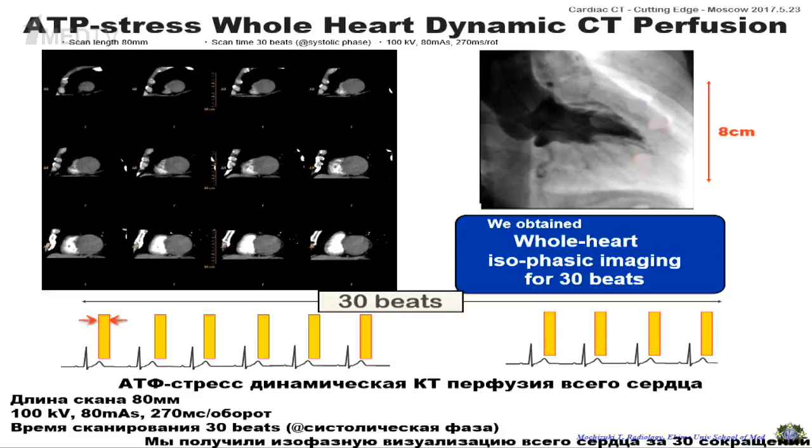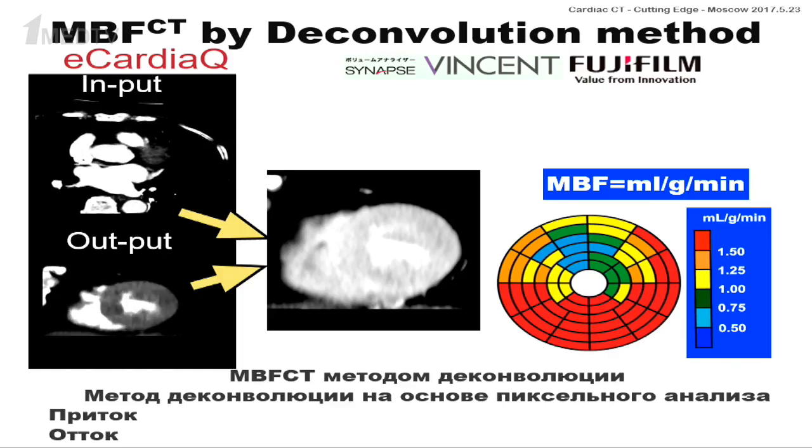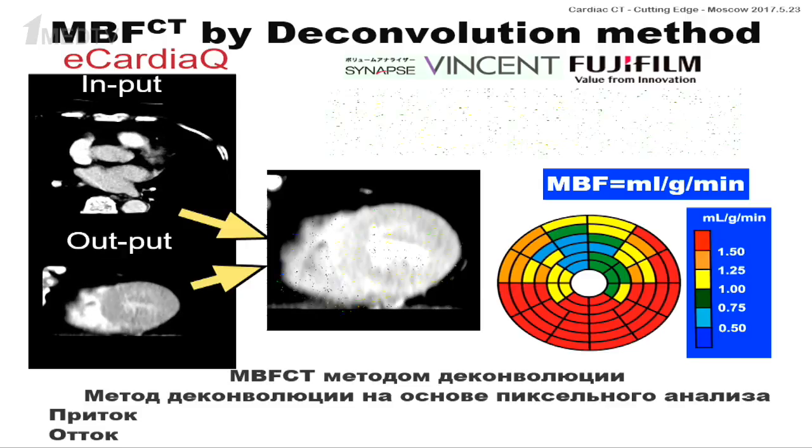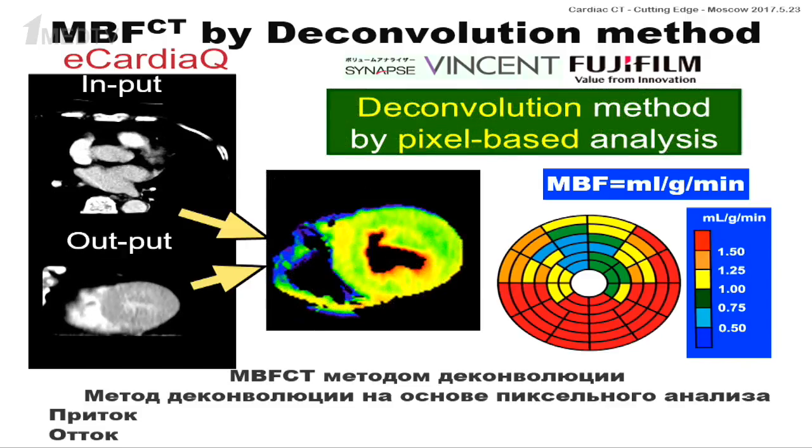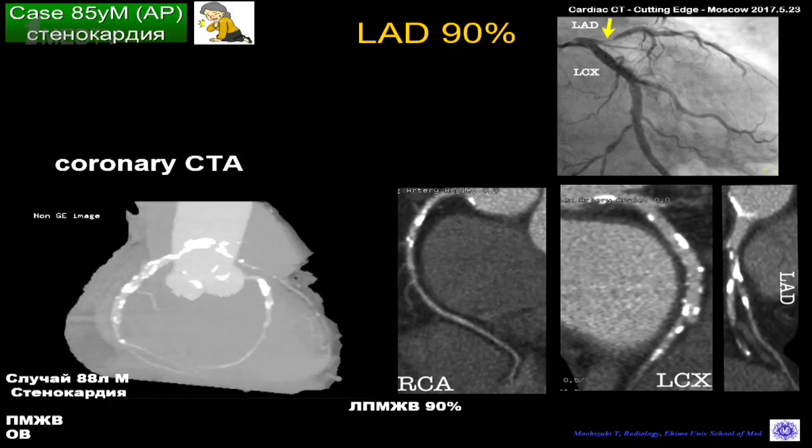And the left side is the movie of the 30 beats. From the dynamic data, using the deconvolution method by pixel-based analysis, we can measure the myocardial blood flow, absolute value.